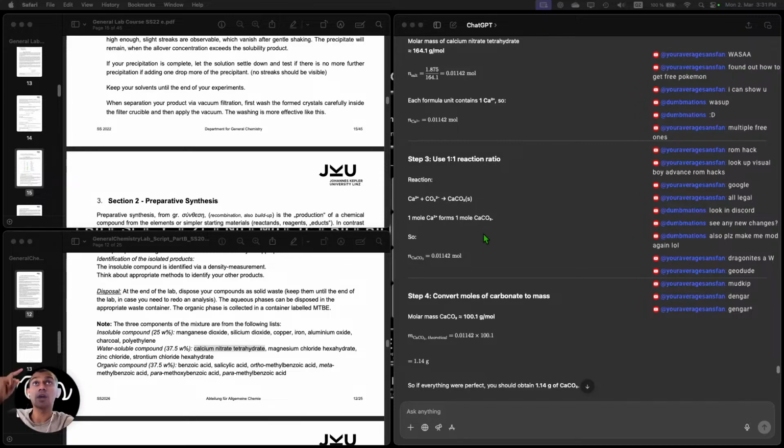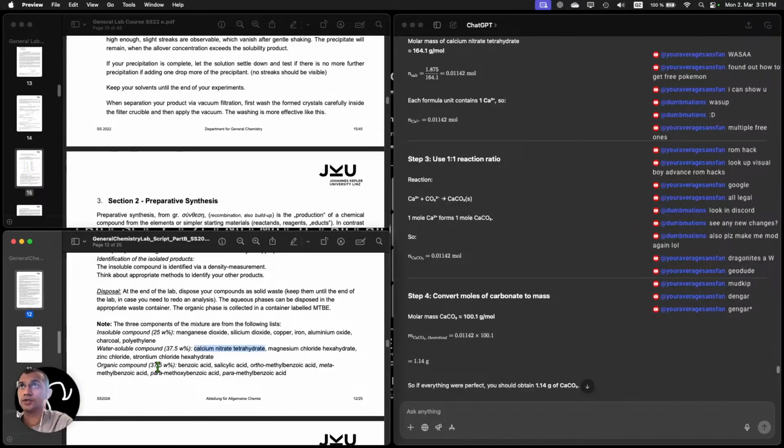But yeah. Okay. Focus. So the ratio of calcium ion is going to be the same when it's in nitrate or carbonate. The same goes for magnesium, zinc, strontium, I believe.